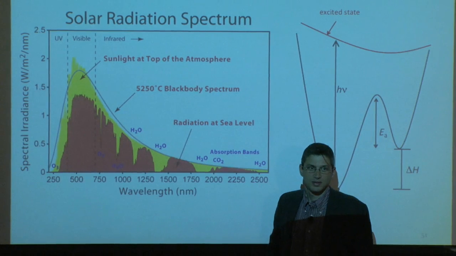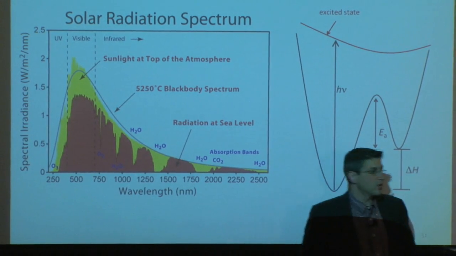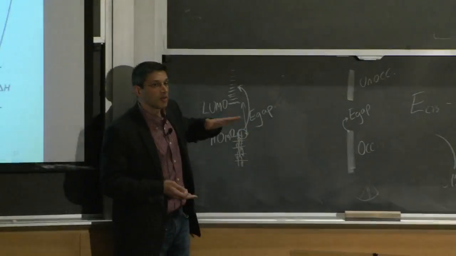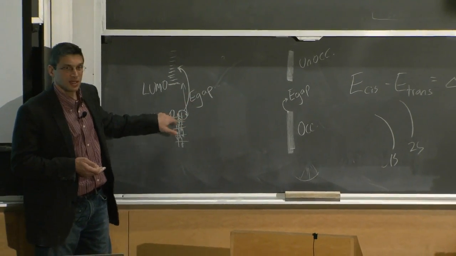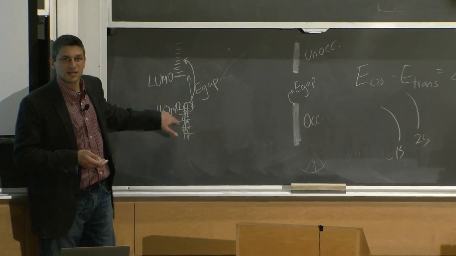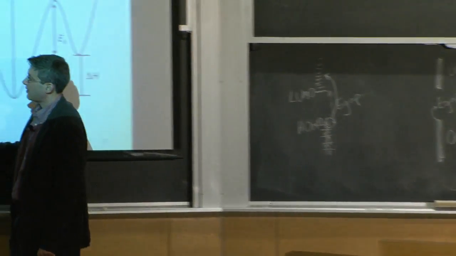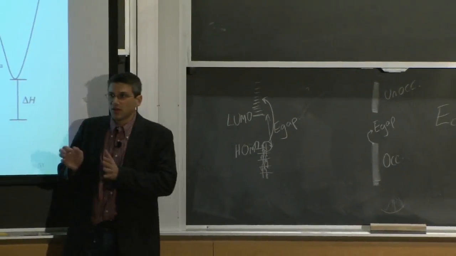A certain molecule only has a certain range over which it can absorb light. Actually, for now, we're just saying it has a minimum energy below which it cannot absorb any light. No photon below this energy can do anything in terms of exciting these electrons up. So the photons have to be above a certain energy, which means they have to be below a certain wavelength.